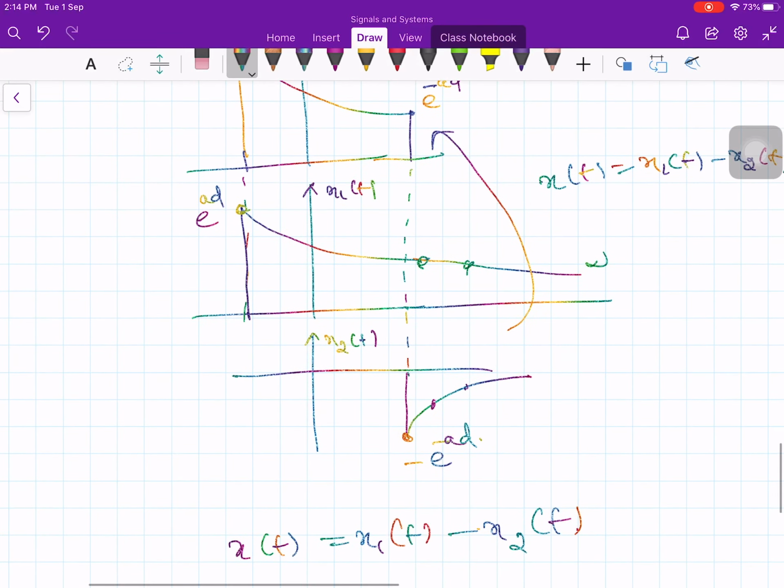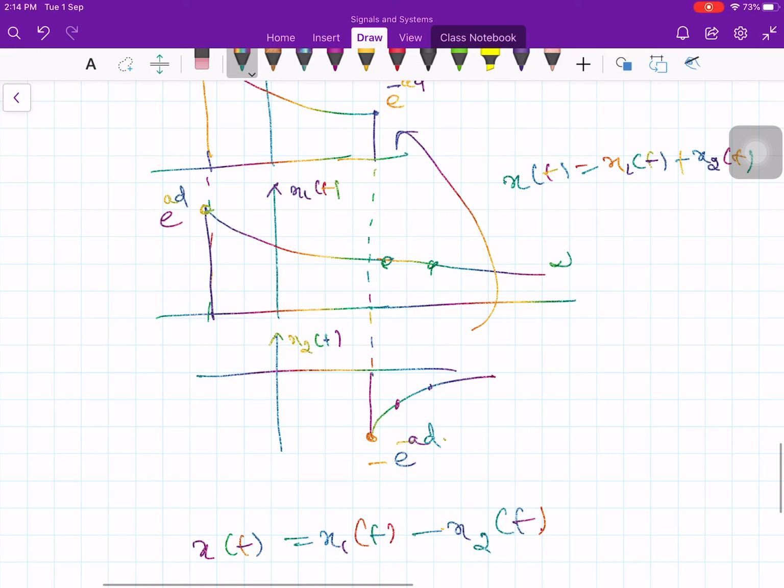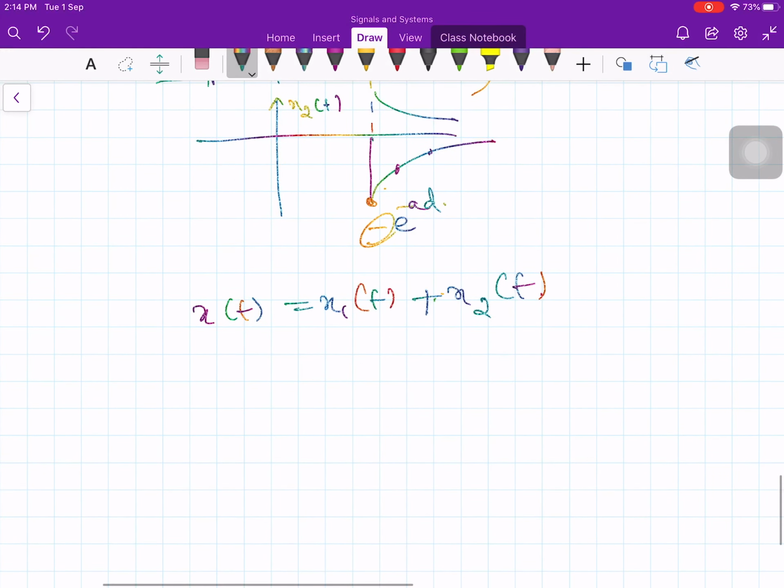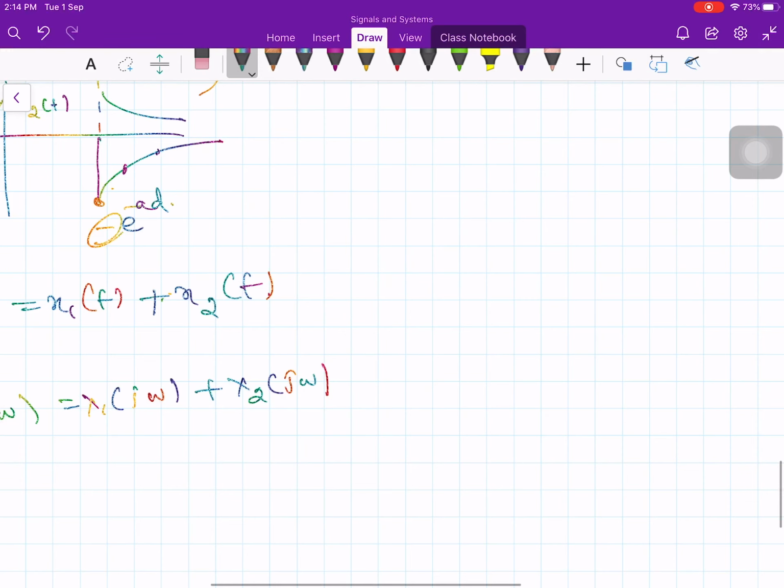I am sorry. If it is this side, then you put minus, but anyway we already have taken the minus here, so it becomes plus. So I take the Fourier transform, then by linearity X of j omega is equal to X1 of j omega plus X2 of j omega.